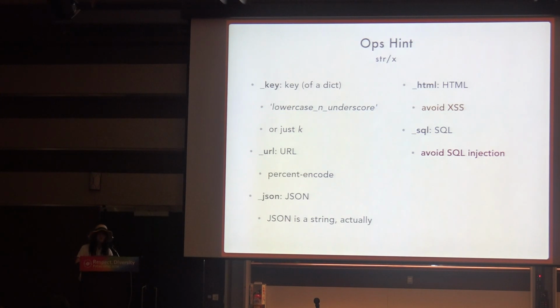And HTML to avoid XSS attack. And SQL to avoid SQL injection. It's very important. If you're composing SQL and put it in a SQL suffix, you will always remember everything put into the string is dangerous, so you have to escape it very carefully.